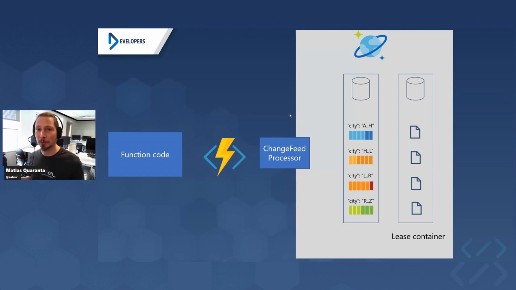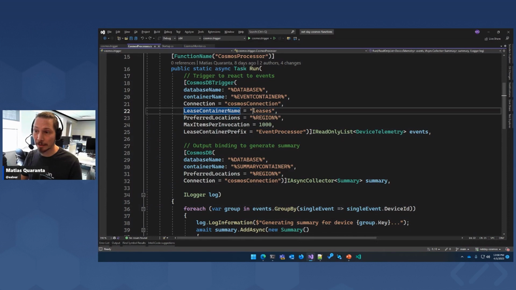These lease documents track the last point in time that your function has successfully processed the events that are happening in this monitor container per physical partition. So in a container that has, in this case, 4 physical partitions, this lease container will have 4 documents, each one tracking the progress of each individual physical partition. The name of the lease container is completely up to you. We have a default value of Leases, but you can call it whatever you want.